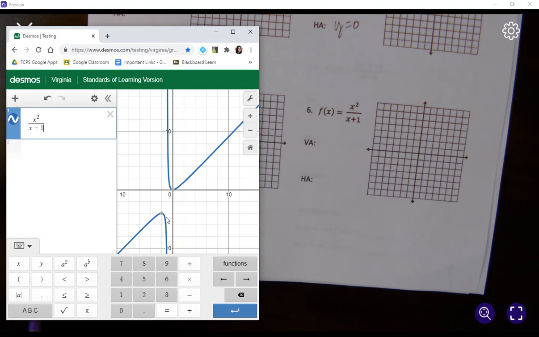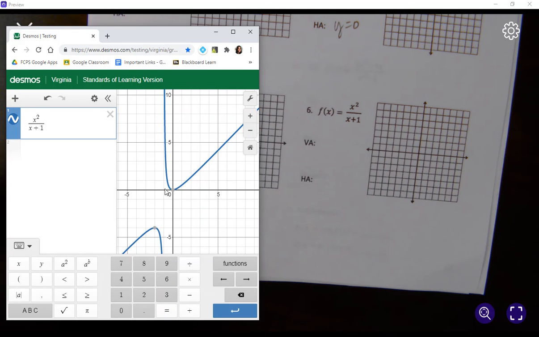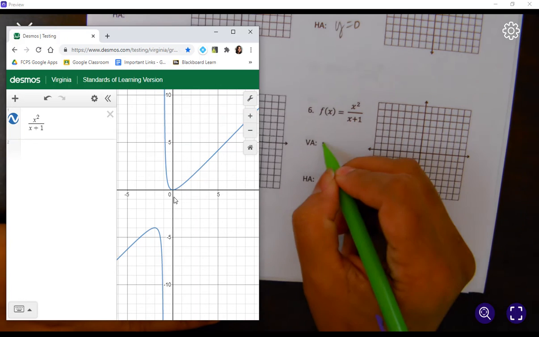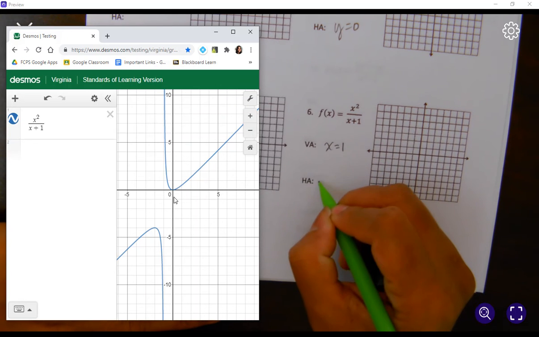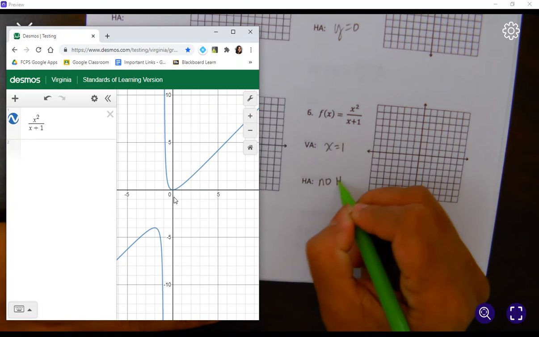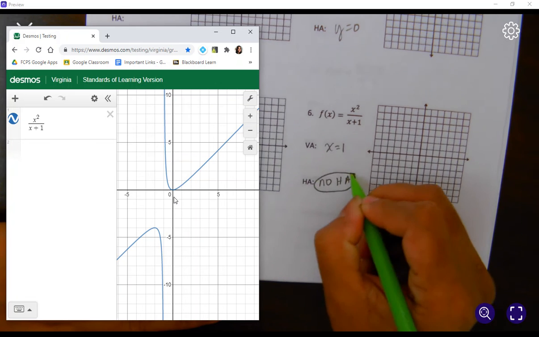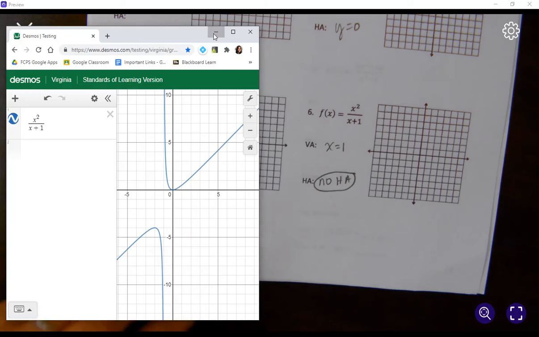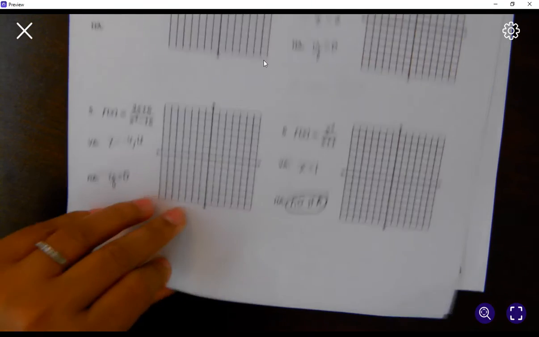Alright, so this is kind of weird. It has a vertical asymptote. So there's a vertical asymptote here, it's x equals -1. But there is no horizontal asymptote. Okay, so there's not a horizontal asymptote here. Alright, yeah, so that's about it.